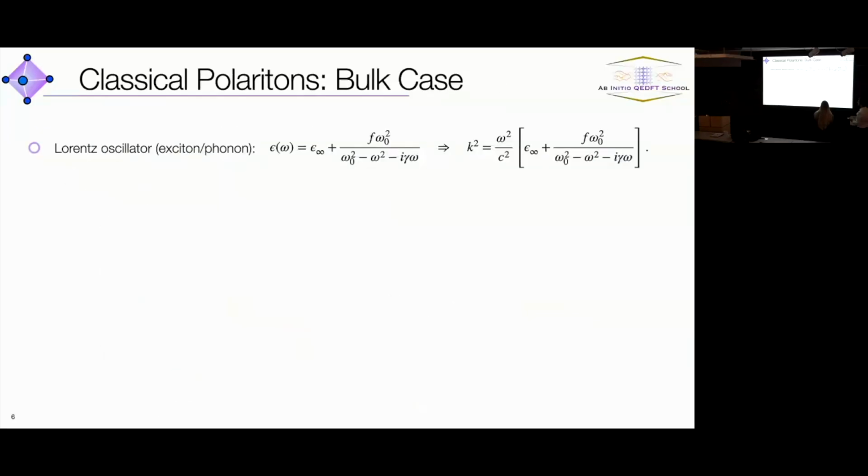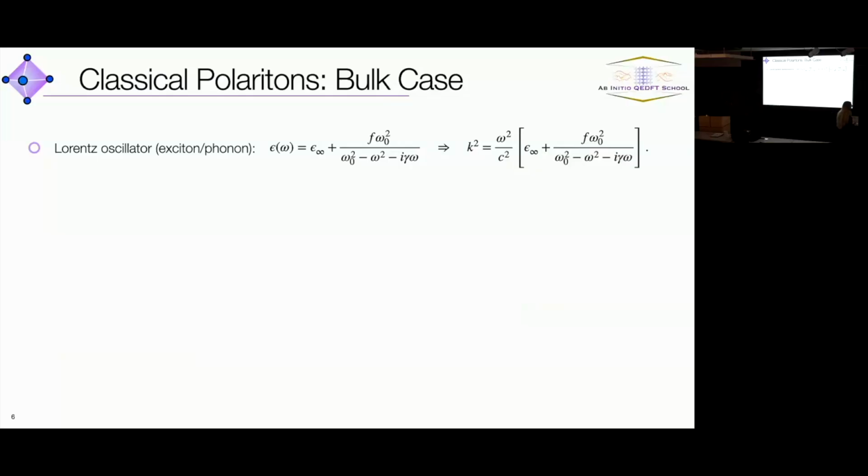But for the epsilon, you use the Lorentz function. Right, so this is epsilon of omega equal to that thing. We have several types of material.